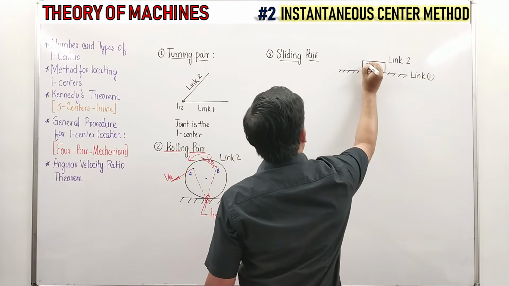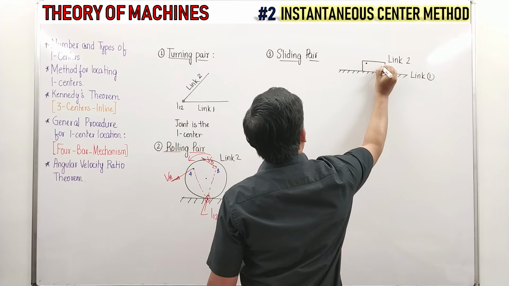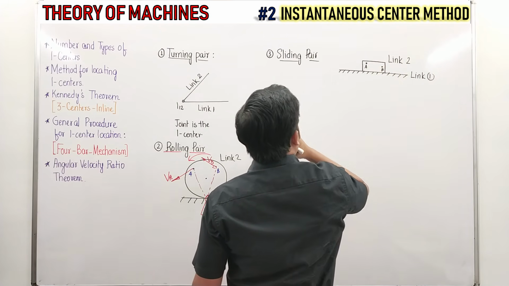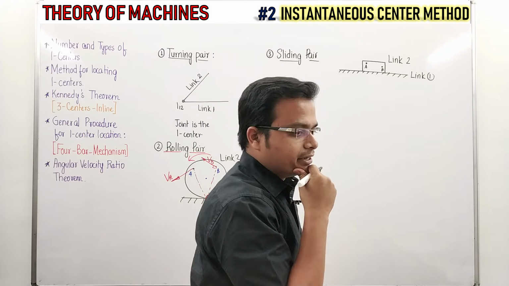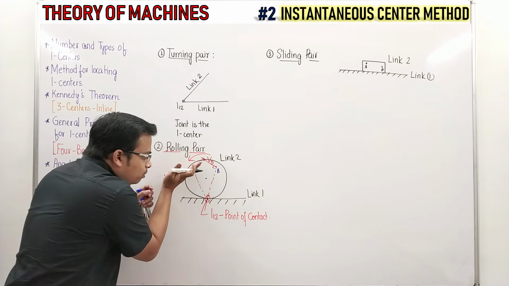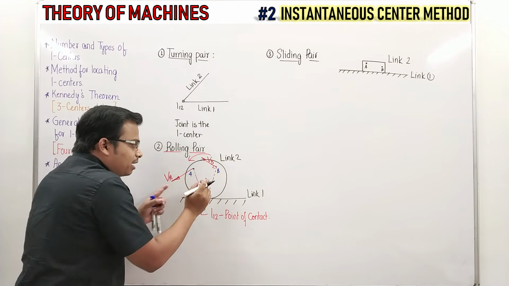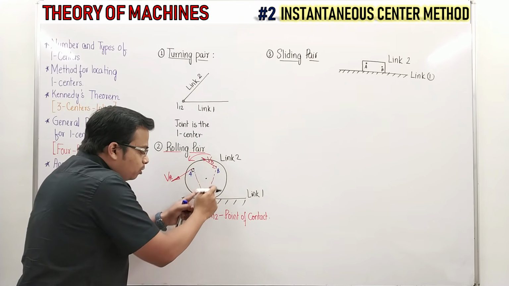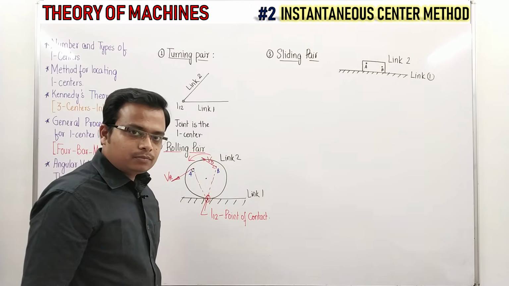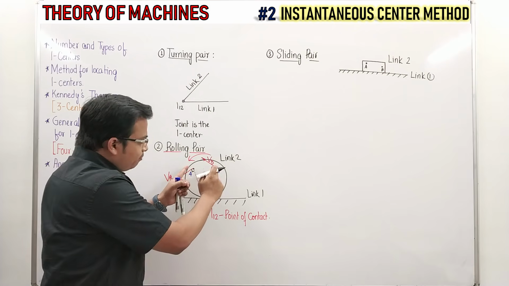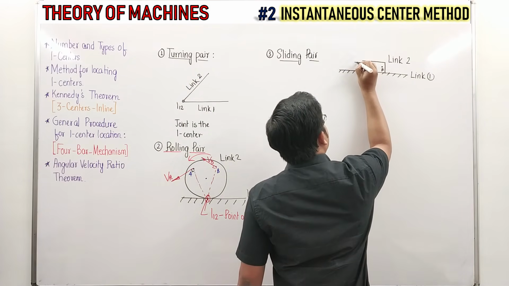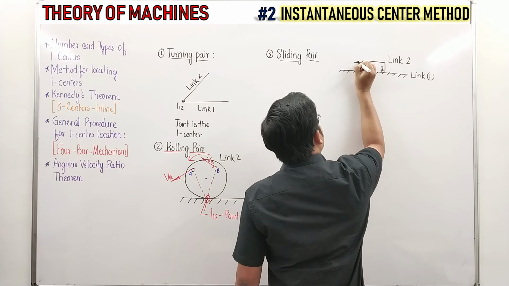So the motion, let me talk about 2 points. What can you comment about the instantaneous centers? If you see, these two are slightly inclined, and if they are inclined, obviously their perpendiculars are going to intersect at some point. The distance could be large, but they will for sure intersect. But in this case, the direction of velocity is absolutely parallel.